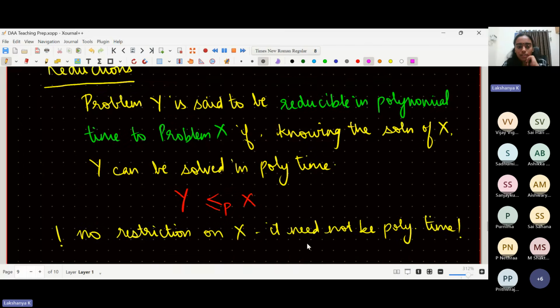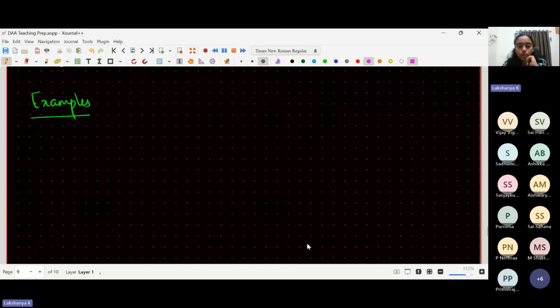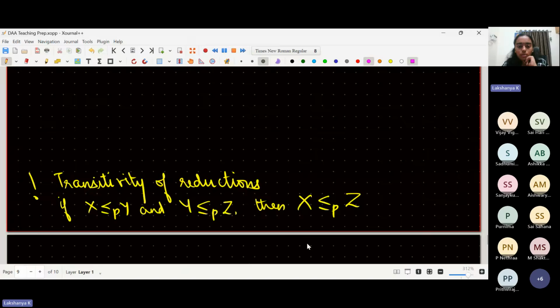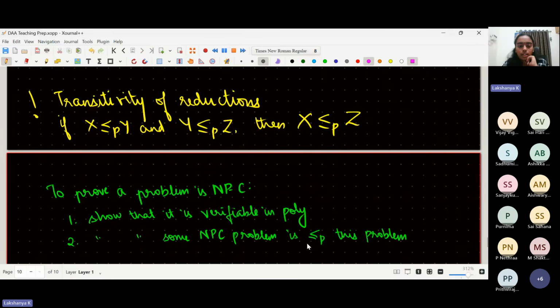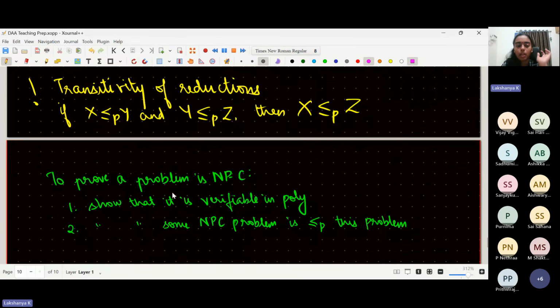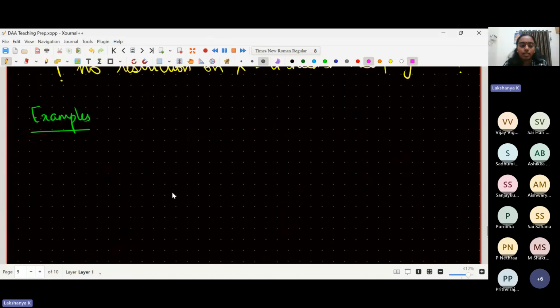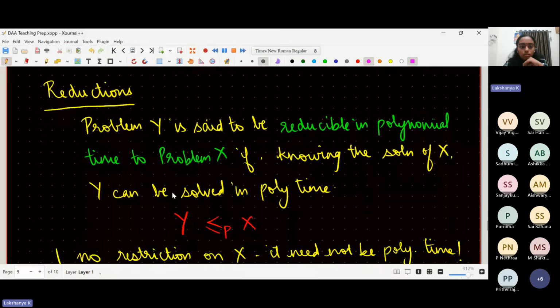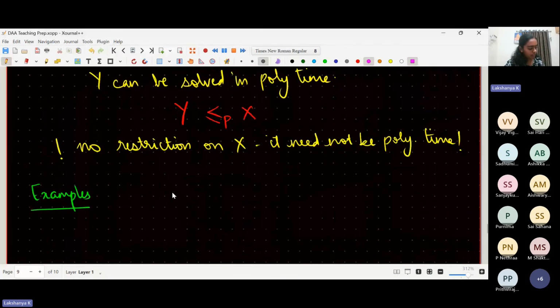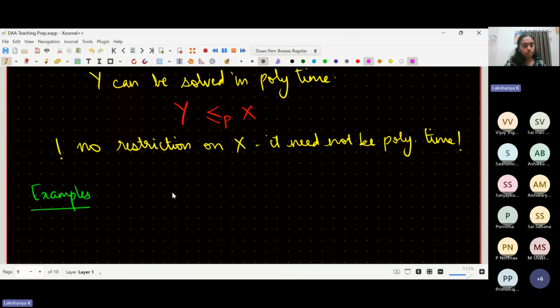The definition of reduction, a few examples, one property called transitivity, and something about how to prove NP completeness. We'll be seeing examples for these things. I've planned 5 examples. 2 of them are pretty trivial. The other 3 I will take some time to explain. So do you want a break or shall I proceed now?